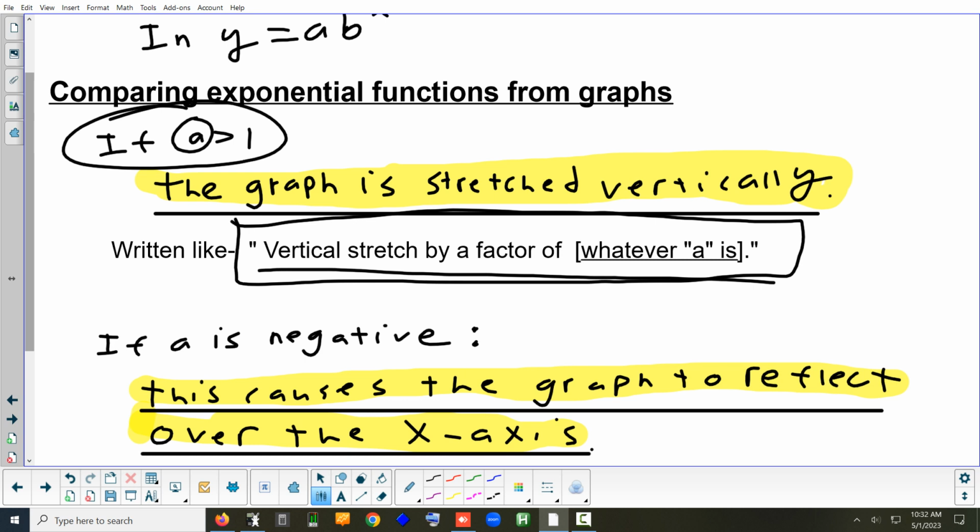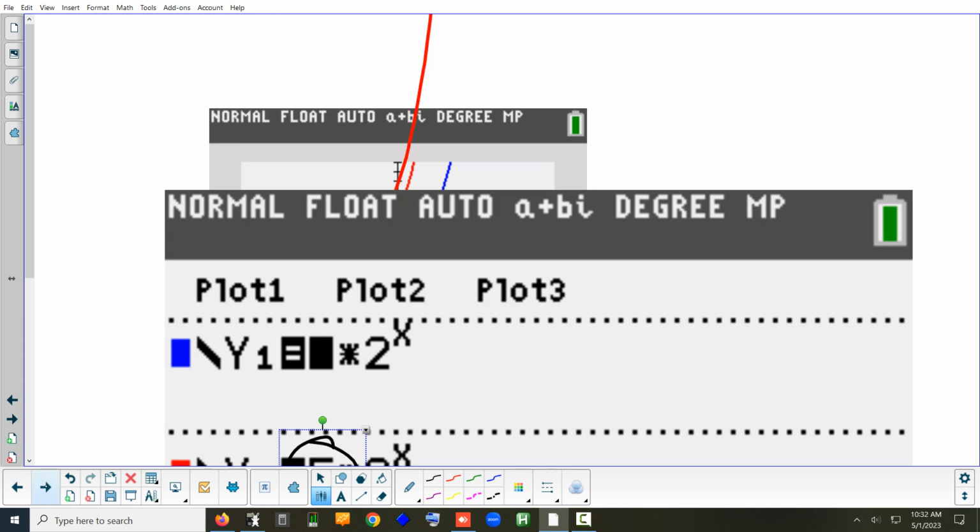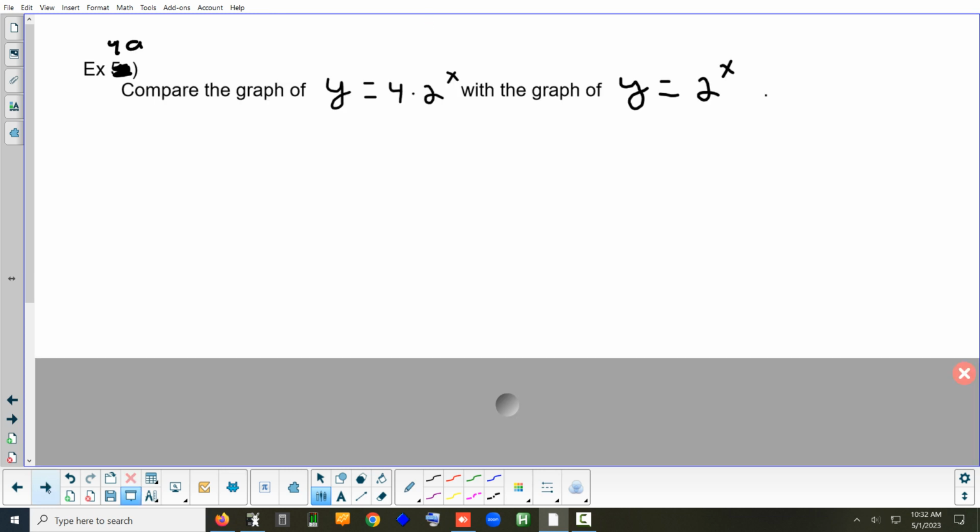we're going to write the answer like this. Vertical stretch by a factor of, and then we'll fill in the number. So what are we stretching this one by? If you graph this one and that one, this one would be stretched how many times vertically?